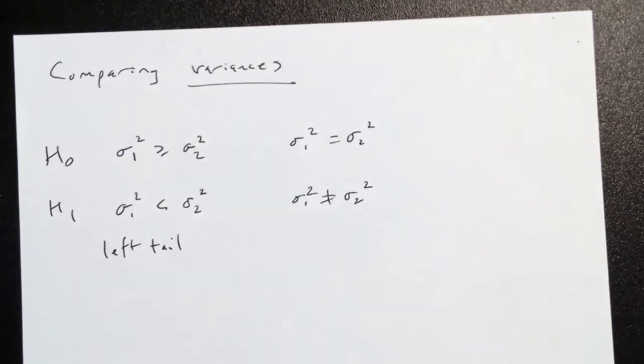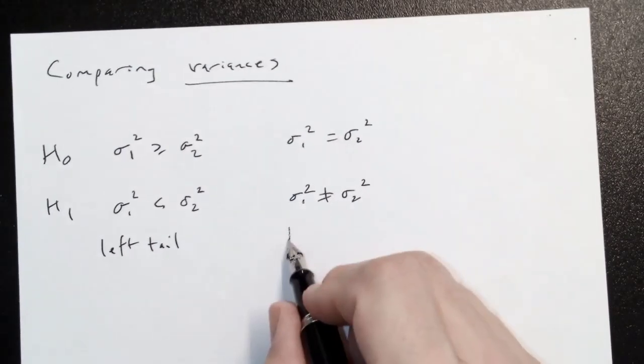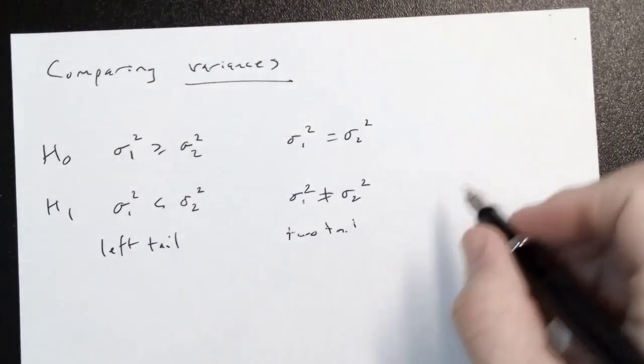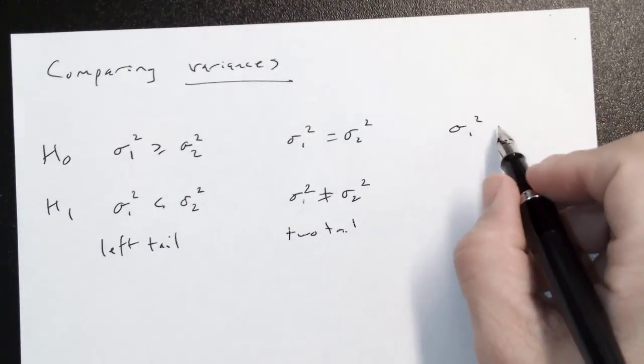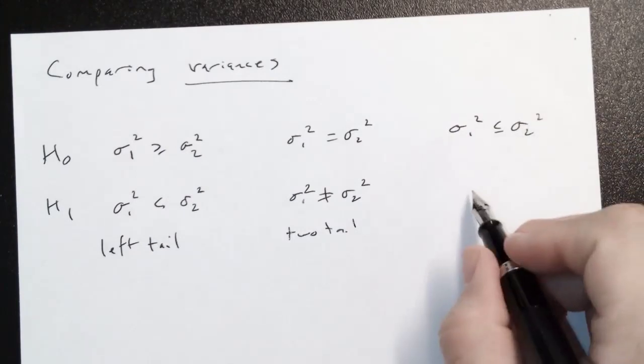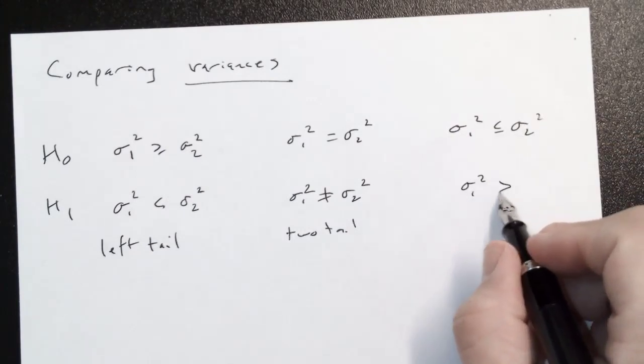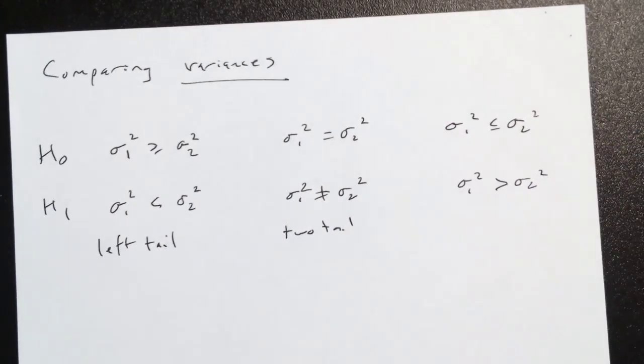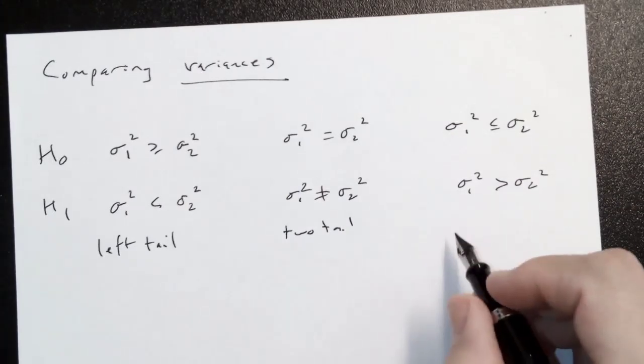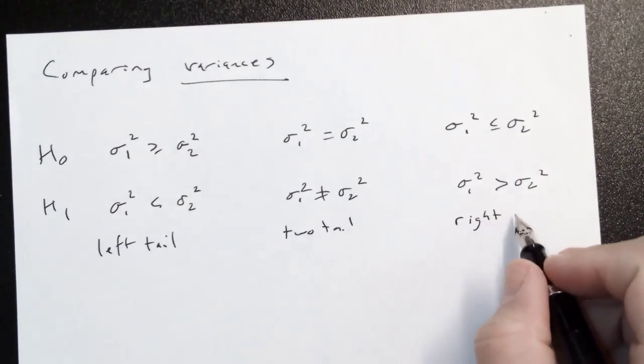This is a two-tail because it's equal or not equal. My alternate hypothesis shows sigma 1 bigger than sigma 2, so we're looking off to the right side.